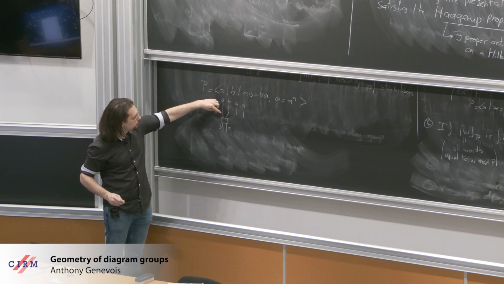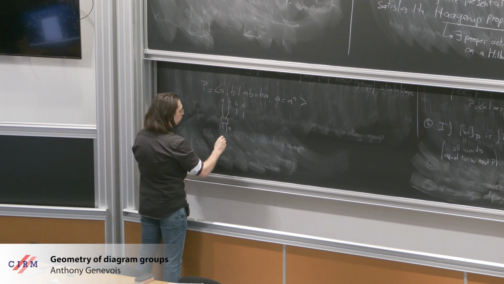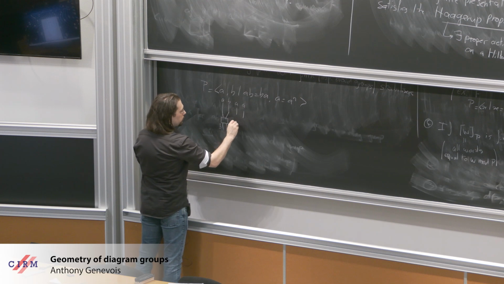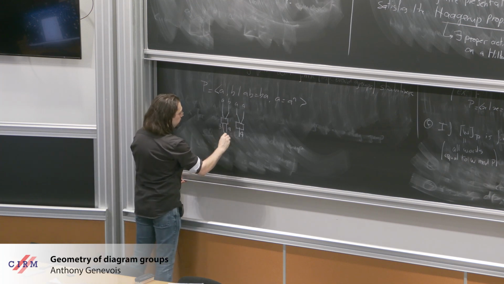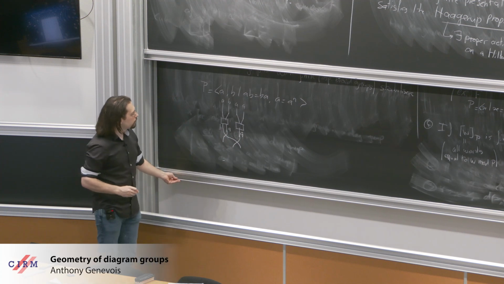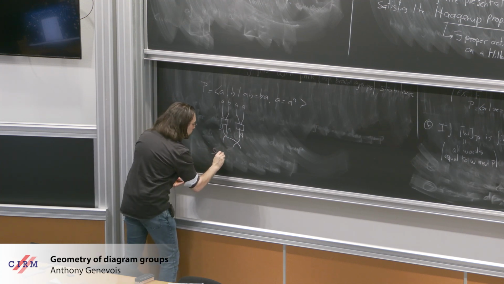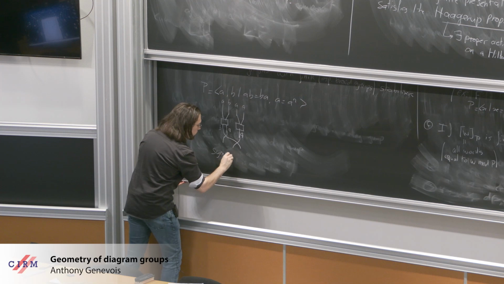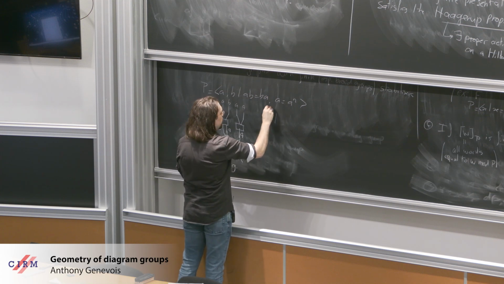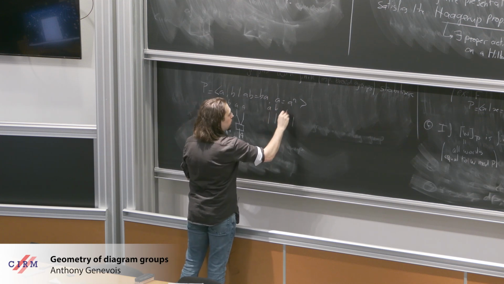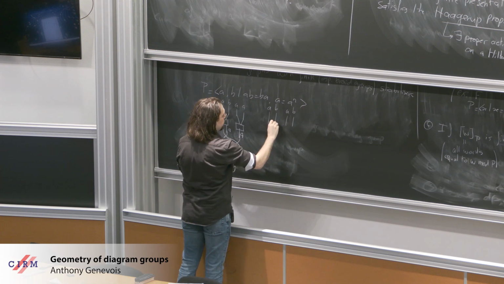Okay, so AB becomes BA. And I can, for instance, also add this one. Okay, so A squared becomes A, and I can just permute. So this is a symmetric diagram. And you can do something similar by braiding the strands. So for instance, you have something like this.